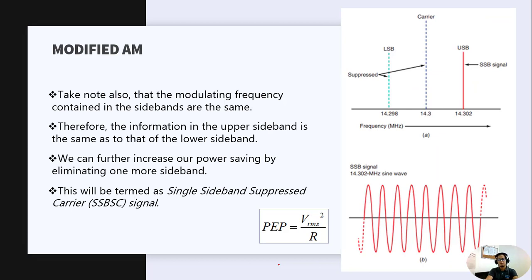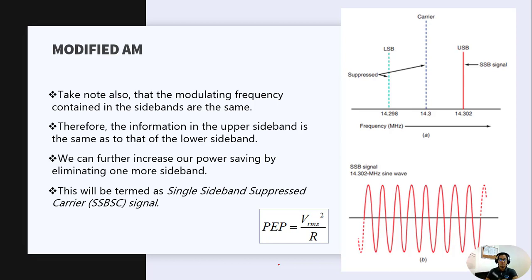So technically, if we are going to transmit with a double sideband suppressed carrier, we are transmitting an information twice. Parang double send. Diba? So isang padala, dalawa ang laman. So dahil pareho lang naman ang laman nun, why not remove one para lalo pa tayo maka-save ng power.